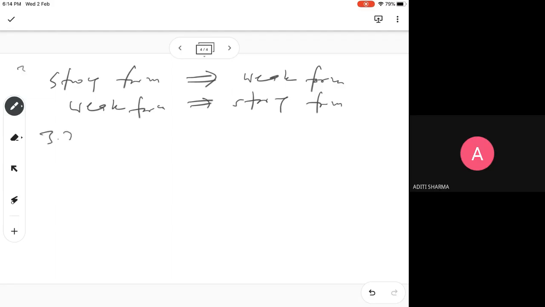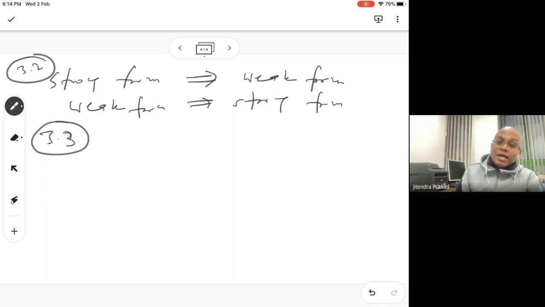But sir, how do we prove the boundary conditions of the weak form from strong form? Boundary condition, you know, to begin with. When you start from a strong form, you go to weak form, and in the weak form itself, you have applied those boundary conditions to begin with, right?